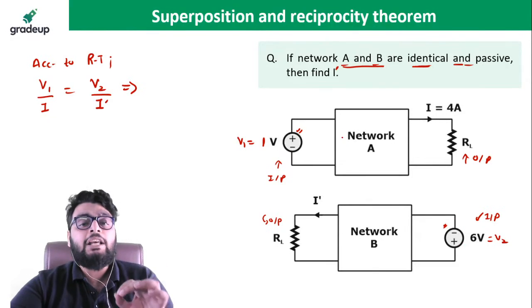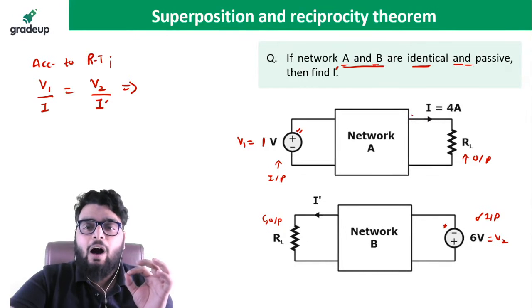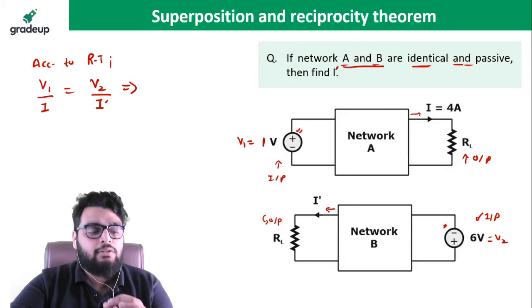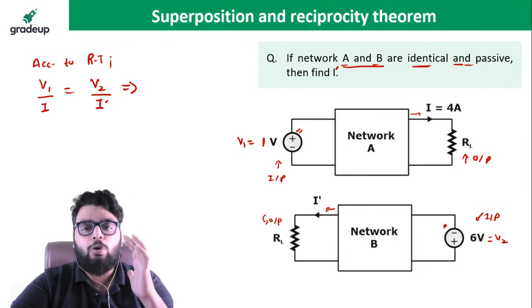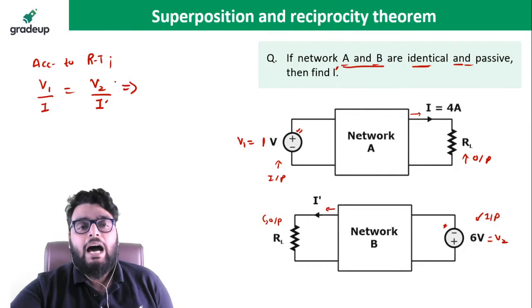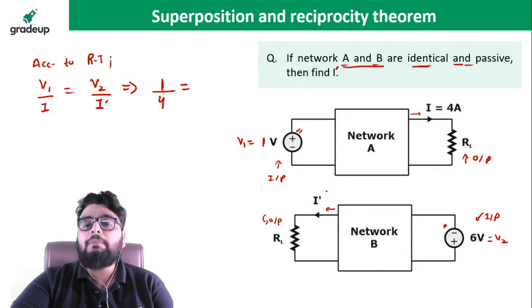Okay. Similarly, you have to see the direction of current. Here, the current is going outside the network. Here, the current is going outside the network. So the direction of current is okay, but the polarity of the voltage is reversed. So I will write V1 by I will be 1 divided by 4 is equal to, what will be V2?